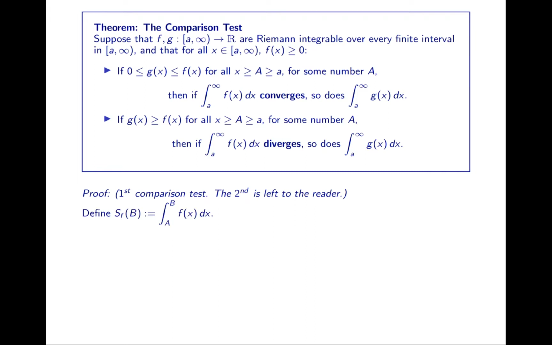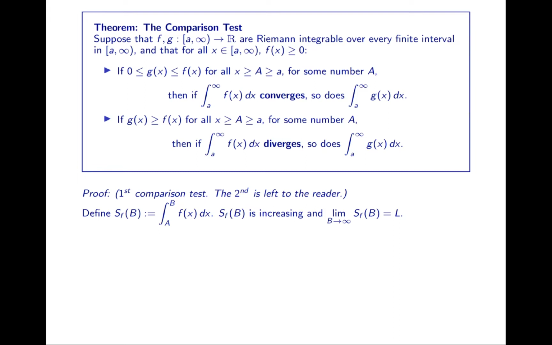Let S_f(B) be the integral from a to B of f of x. In fact, S_f is an antiderivative of f if f is continuous, for example, evaluated at capital B. Notice that this function is increasing with respect to B because f is positive, so as B increases, the area under the curve, which is always positive, is going to increase.